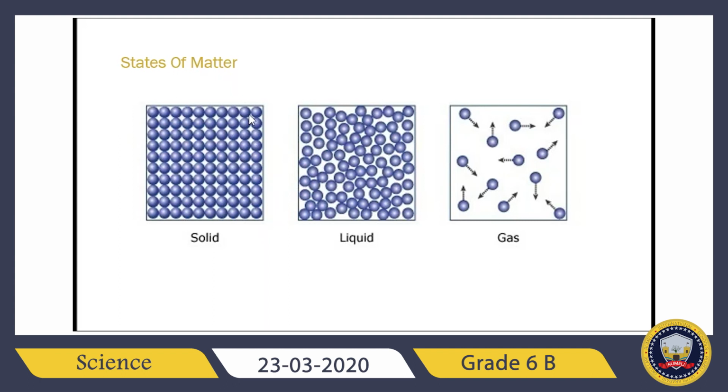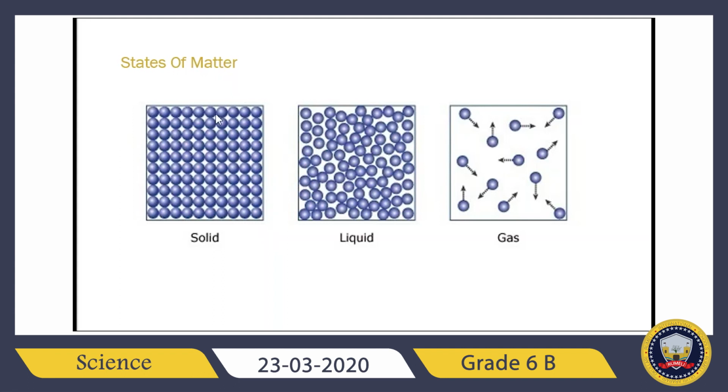As we can see, particles are closely attached to each other, and there are no spaces between these particles. Because of that, the particles of this solid matter will not be able to move past each other, since there are no spaces between these particles.